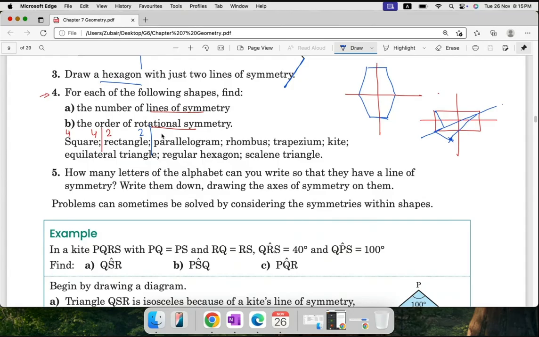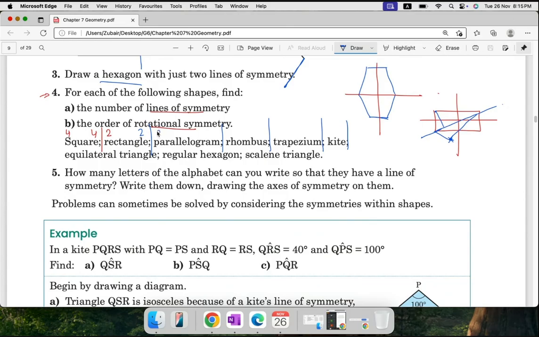Parallelogram, line of symmetry. I think so. 2 maybe.